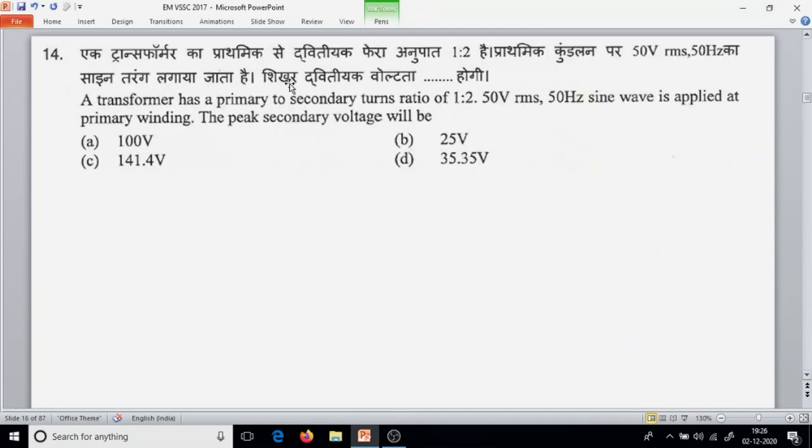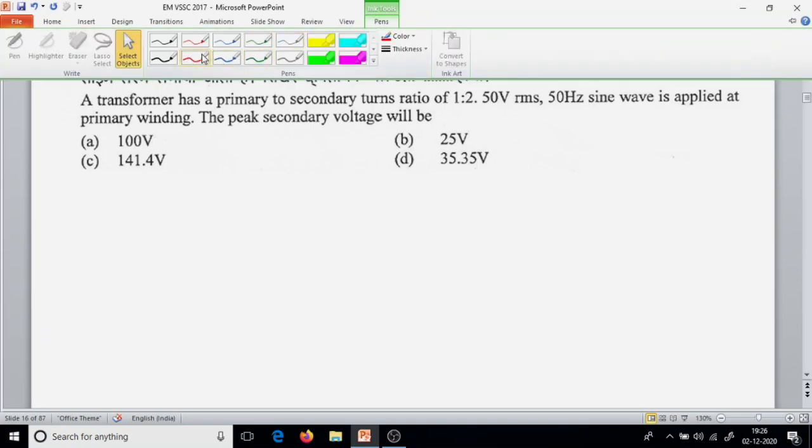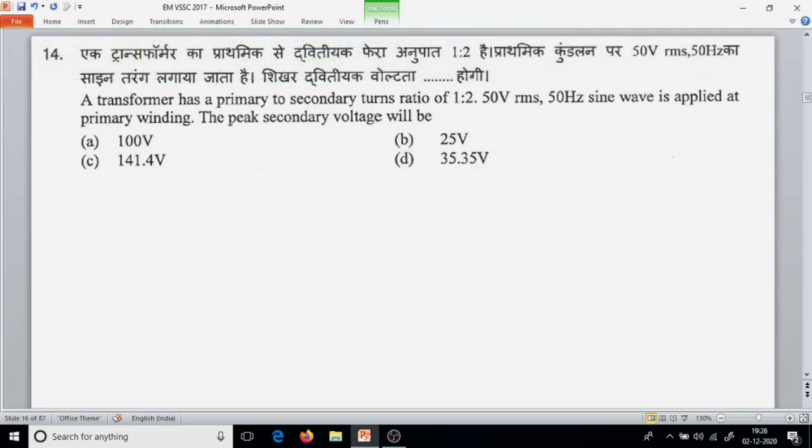Question number 14. A transformer has a primary to secondary turns ratio of 1:2. That means if you give 1 volt to the primary, the secondary will get 2 volts. A 50 volt RMS, 50 Hz sine wave is applied at the primary winding. The peak secondary voltage will be? Here he is saying RMS.